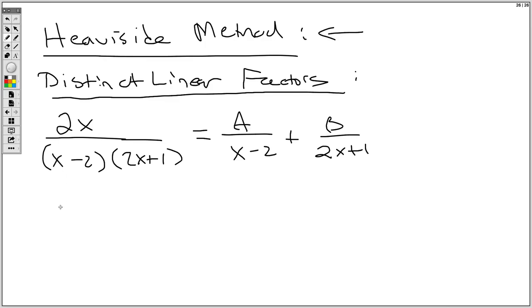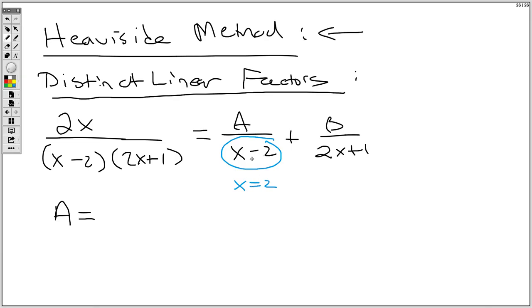So here's what you do. Let's say you want to figure out what A is. You find out what makes that factor 0. What makes this 0 is x equals 2. When you would multiply through by the denominator, that x minus 2 would be attached to the B term, and it would be zeroed out when I plug in x equals 2.